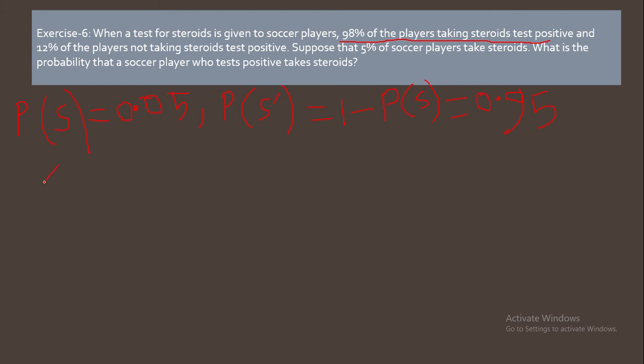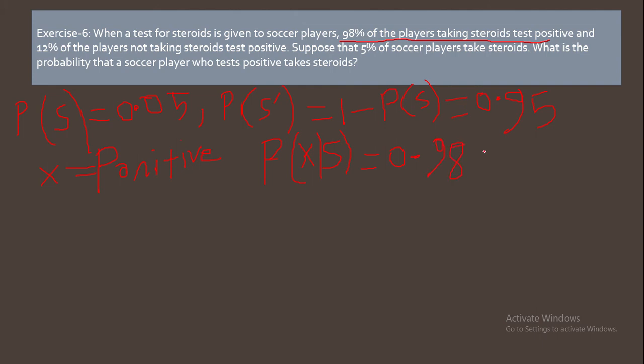So if we say that X is the event that someone has been tested positive, so X equals positive, then given that he actually takes steroids, the probability of being tested positive is 98% or 0.98, right?